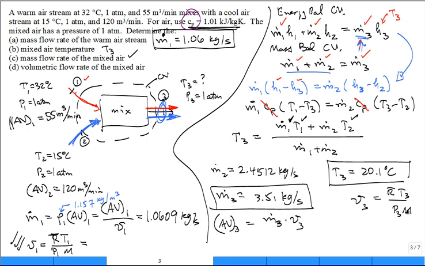When you calculate the volumetric flow rate at 3, you can express it as meters cubed per second, which is too big of a number, or you divide it and get meters cubed per minute, and it comes in at 175 meters cubed per minute. That's the answer for part D.